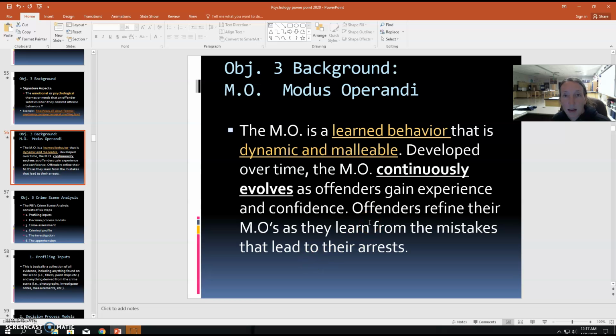So you think about it, as they're gaining confidence, they might start off with younger age victims, and then as it gets older, it might hit teenagers before it goes to adults. It might start off with a gun, quick and easy kill, and maybe they get more confidence and they go to stabbings, and they might go to strangulation. So it is possible that their method of kill will change as they gain more confidence, but that's a harder one to have happen.